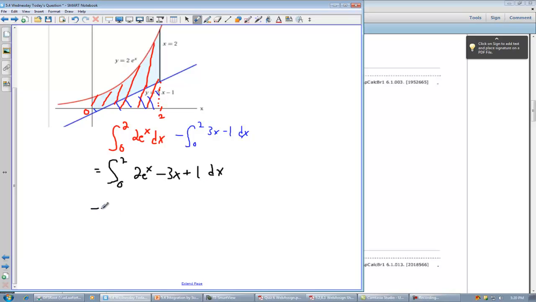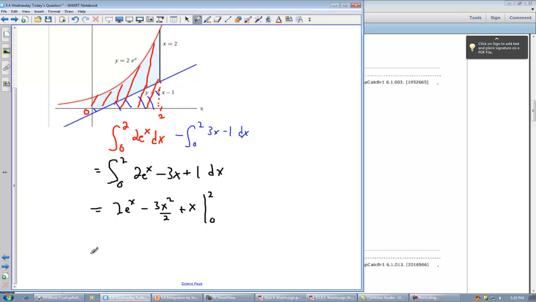And I can integrate this. The integral of 2e to the x is just 2e to the x minus 3x squared divided by 2, and then plus an x from 0 to 2. I don't need to write plus c because it's a definite integral.